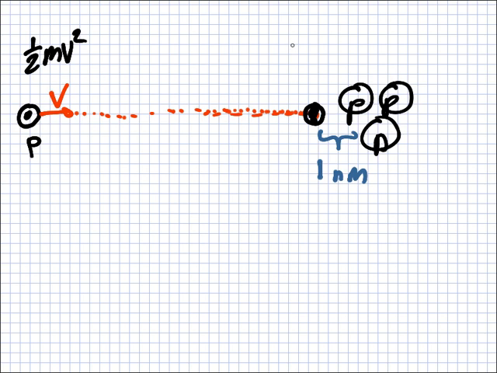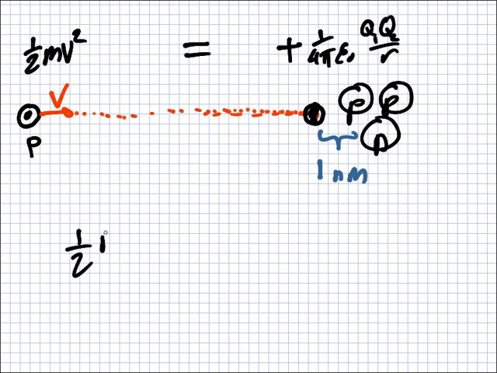Okay? So that means the potential energy is positive. 1 over 4 pi epsilon 0 Q1 Q2 over R. So the energy here equals the energy here.